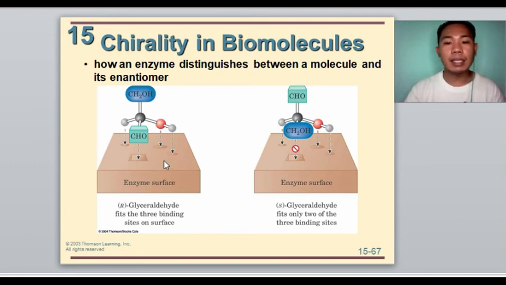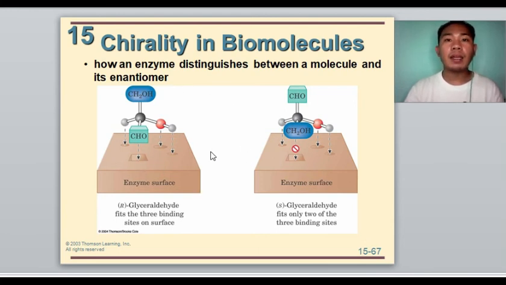One is specific to H, a second is specific for the OH, and the third is specific for the CHO. Assume further that the three sites are arranged on the enzyme surface as shown in this figure.